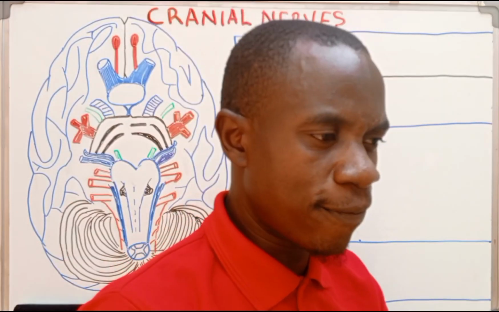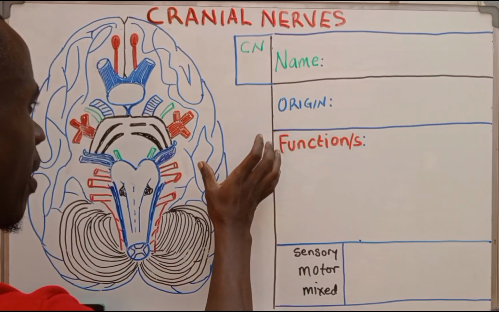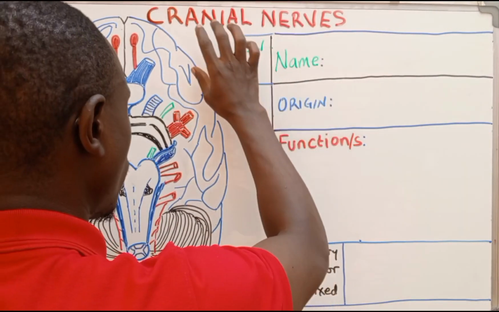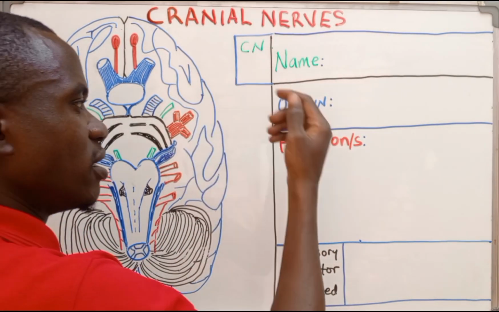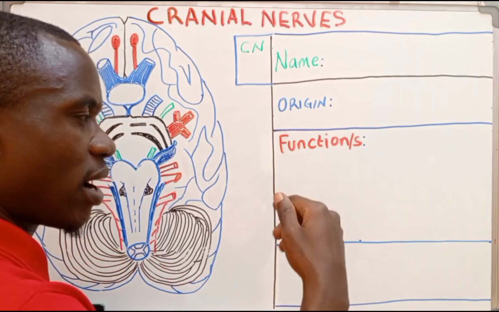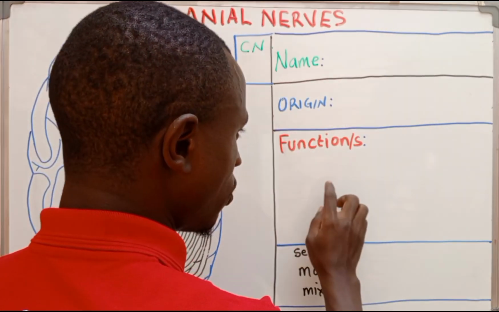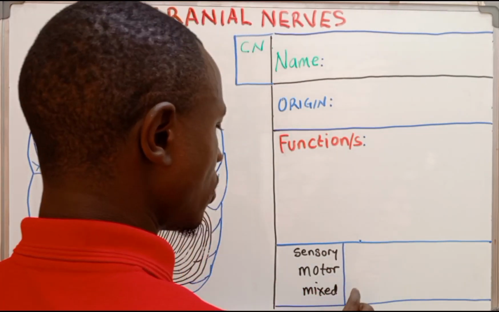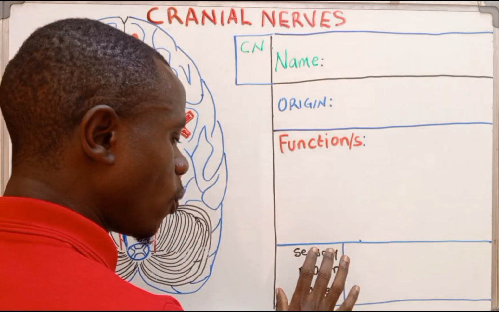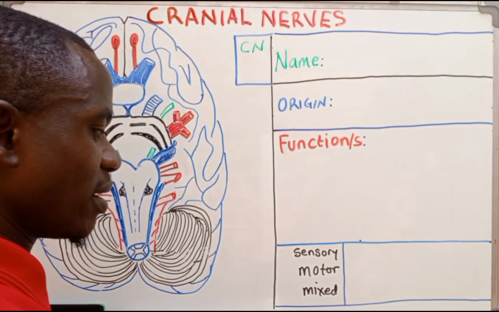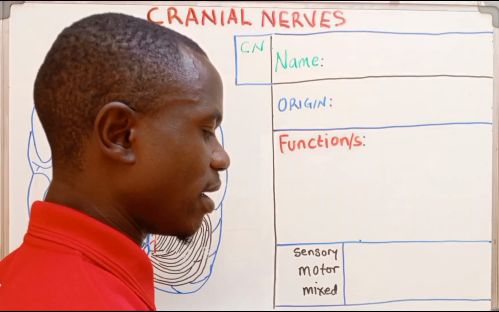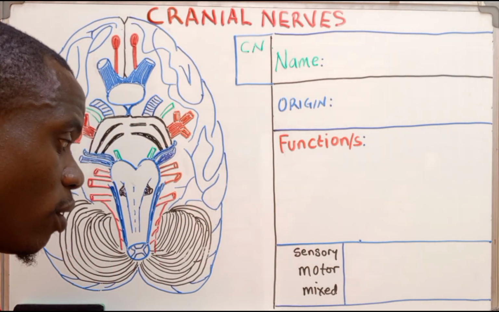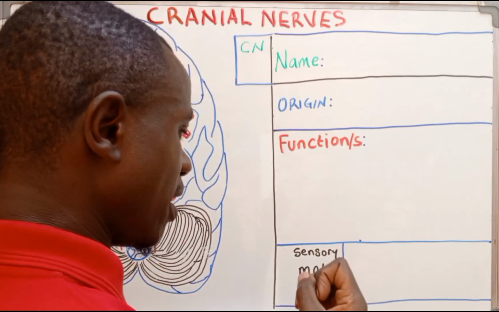We are going to follow this kind of order, whereby we talk about the type of the cranial nerve, its number, and its origin, where we can find it. We shall talk a little bit about some of the function, or if it has more than one, we shall give you the functions. Then we also need to know whether it has sensory fibers, motor fibers, or even mixed fibers, which we call both afferent and efferent fibers.